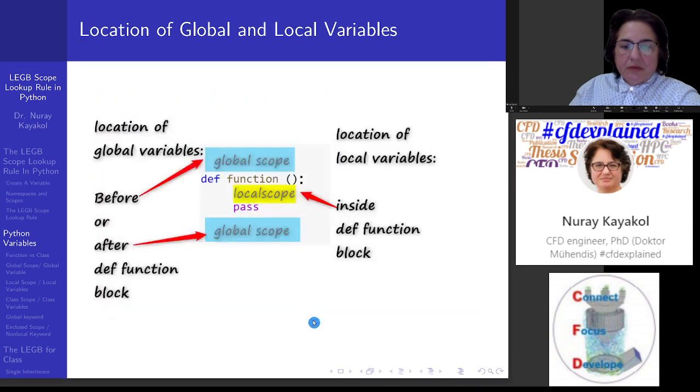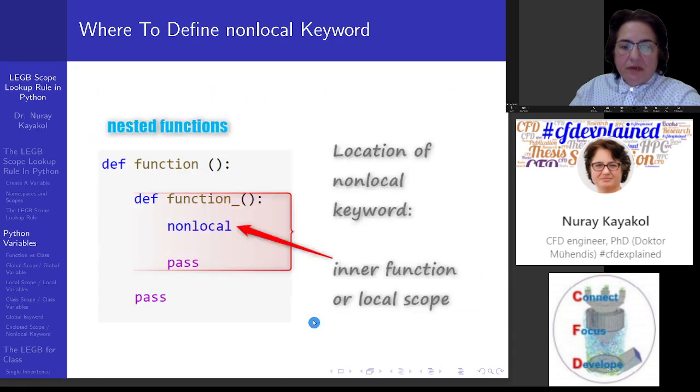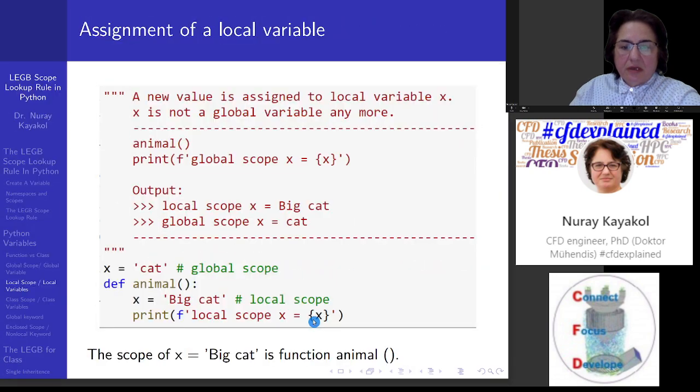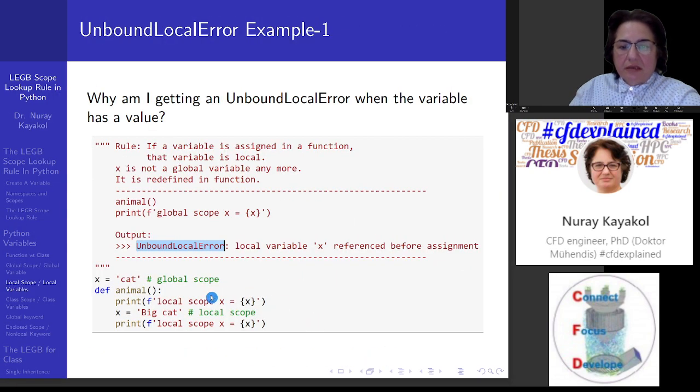But if I find where we were, here, this is the global scope in the third step. You see, Python first looks up this animal function.